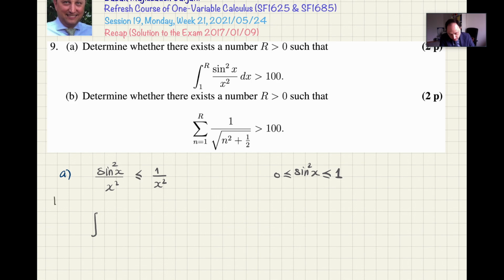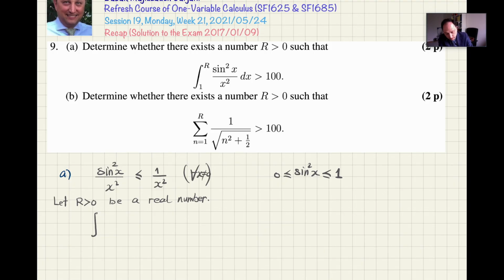Okay, and then so I would say let r greater than 0 be a real number. Okay, because this is smaller than this one, its integral. Let me write, this is smaller than this one for all x. Yes, of course, except 0.